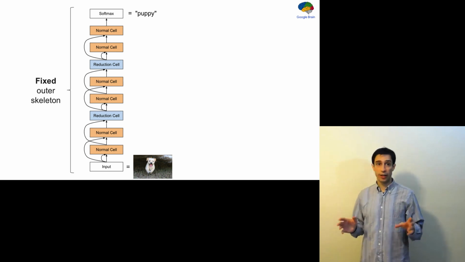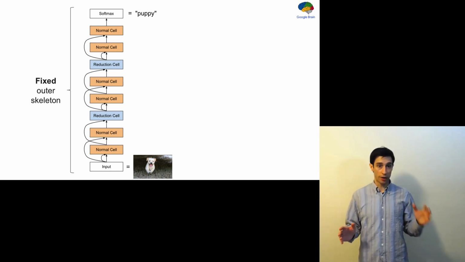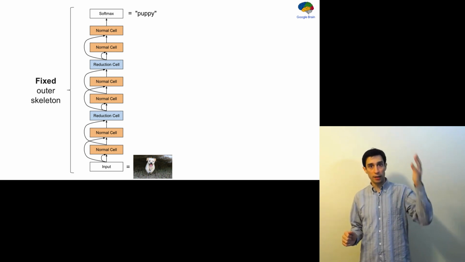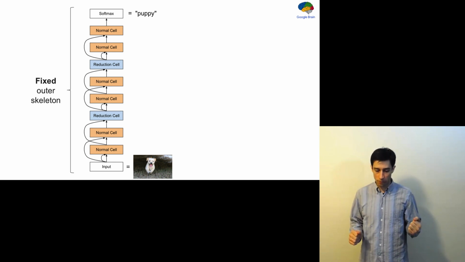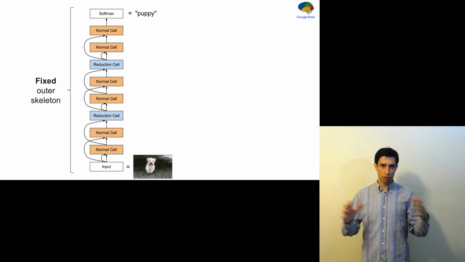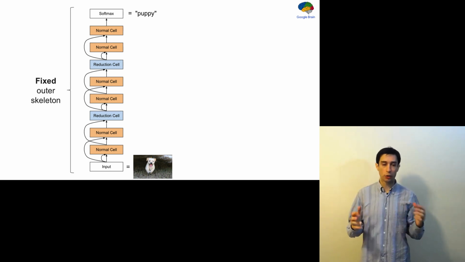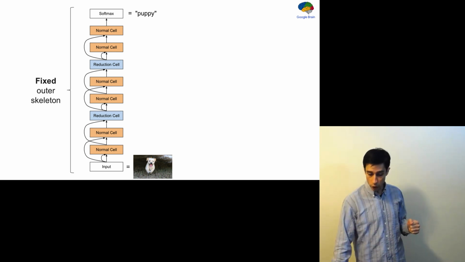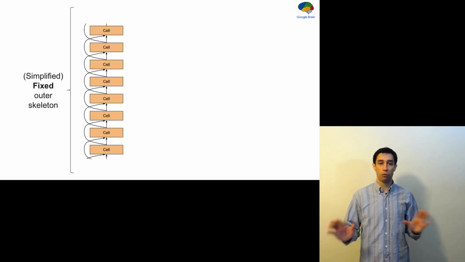Every architecture in that space has the same outer skeleton, and it looks like this. The input comes in at the bottom, the class comes out at the top, i.e. the object comes out at the top, and in between there is a stack of inception-like modules that we call cells. And there are two types, but for the purposes of this talk, we're going to assume that there's just one type.